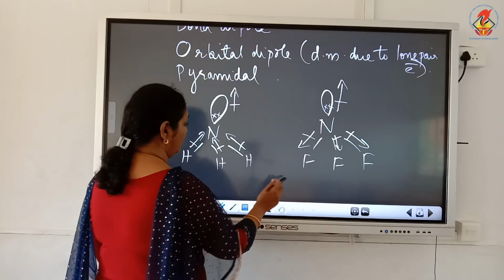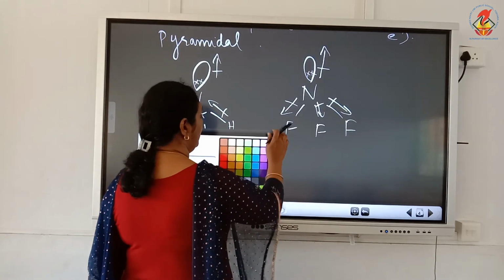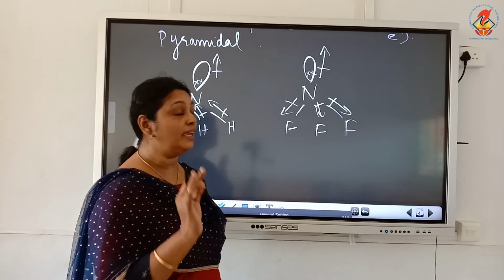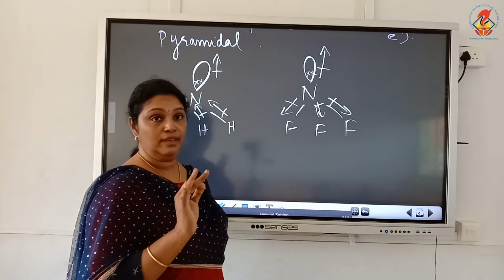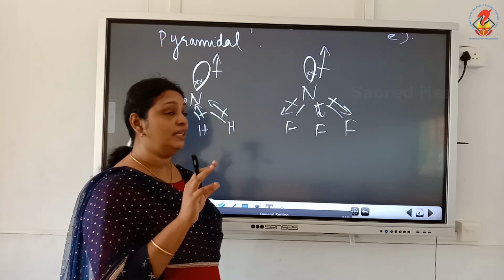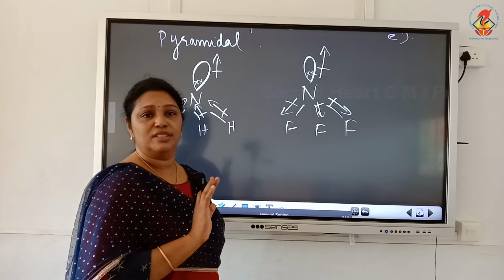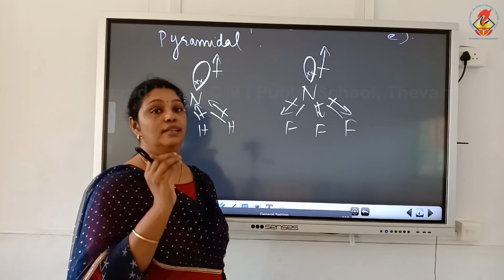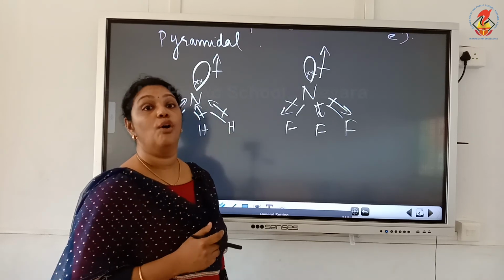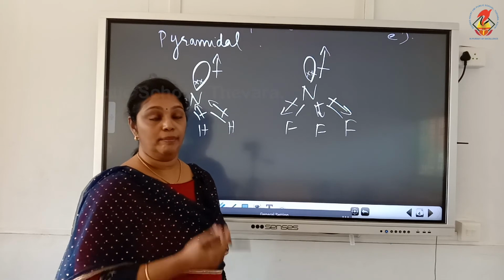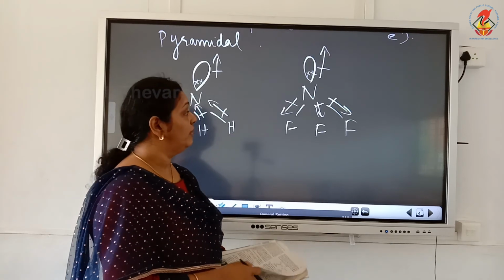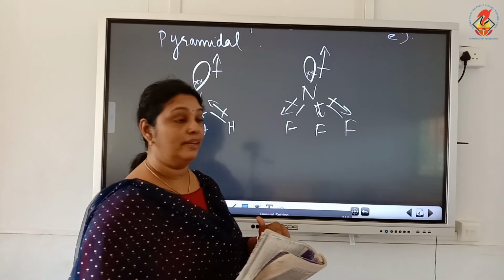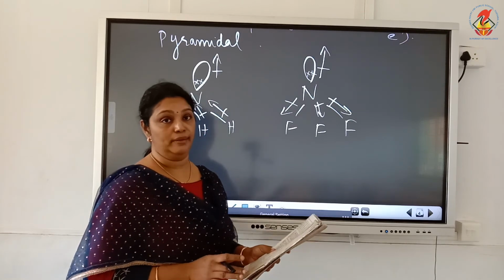So you can see that in NF3, the resultant dipole moment due to the 3 NF bonds is cancelled, not completely, by the orbital dipole, since it is in the opposite direction. So the value of dipole moment will be smaller than the dipole moment value of ammonia.